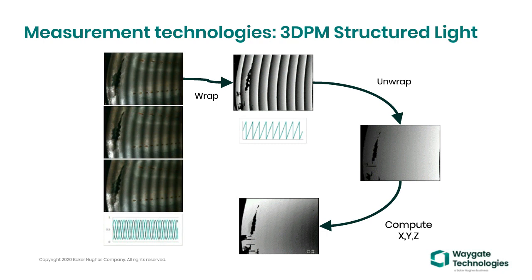And once those are captured, they are wrapped together into a singular image. That data is analyzed and run through a series of algorithms. And with calibration data that is used on the optical lenses to the camera, they're put into an image that is unwrapped. And then from there, that data is used to compute X, Y, and Z for every single pixel that's holding enough data created from those fringe patterns.